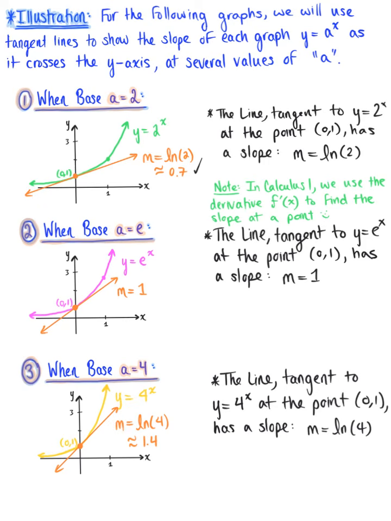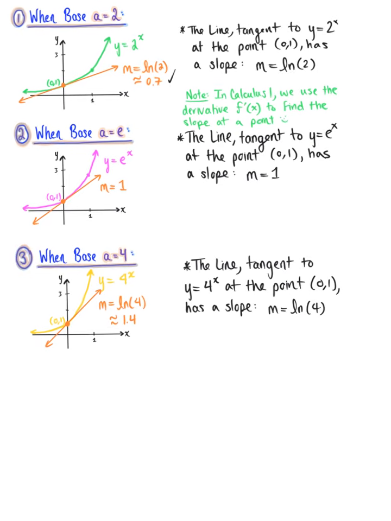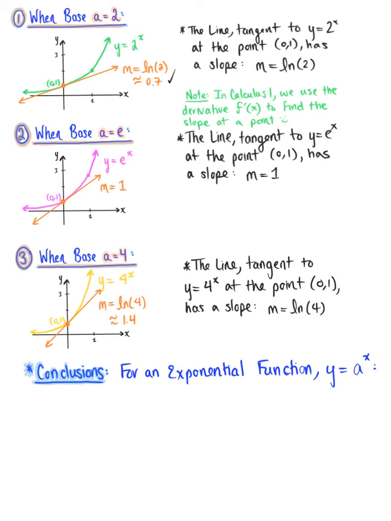So let's quickly summarize what we're observing here with these 3 exponential graphs. The first thing I want you to notice is that the slope is exactly equal to 1 when base a equals the number e.